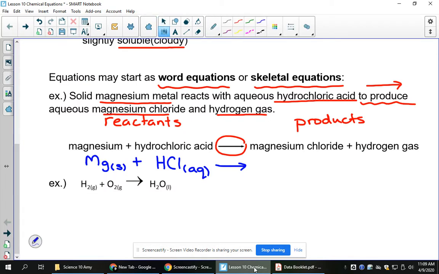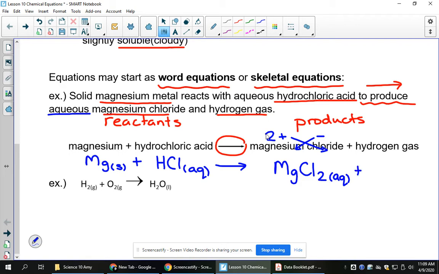So I'm going to write above these their charges. And since they don't balance right now, 2 and 1 are not balanced, I'm going to cross the charges. The 2 goes after chlorine, the secret 1 after magnesium, and it will look like that. Now, it did tell us up in the question that this is going to be aqueous, so we don't need to look on our solubility table because they've already told us that.